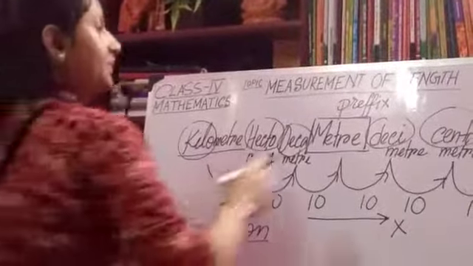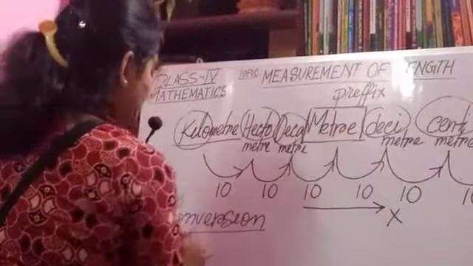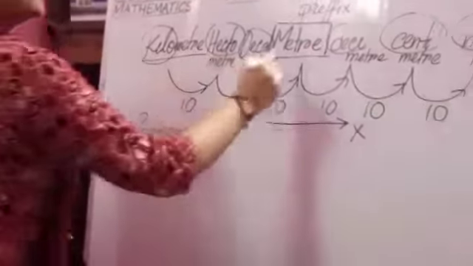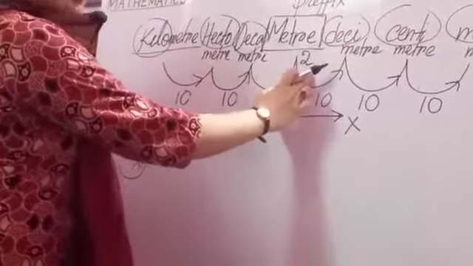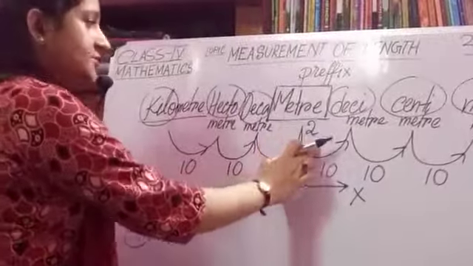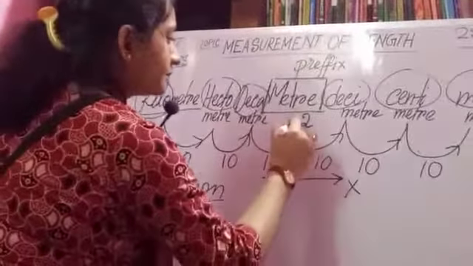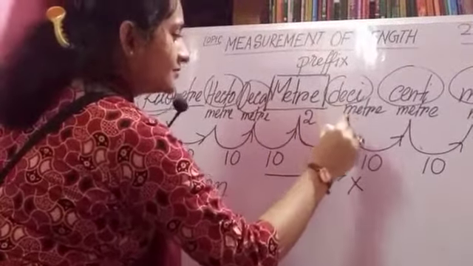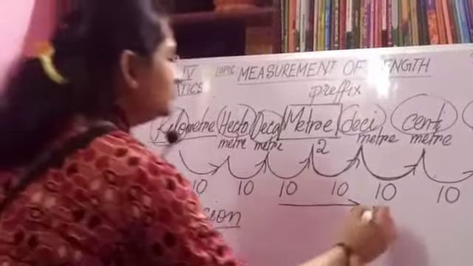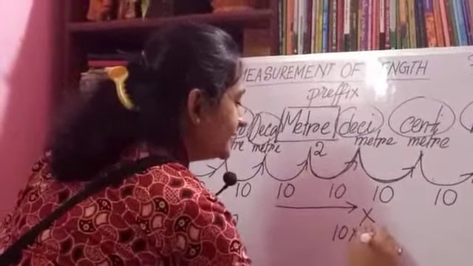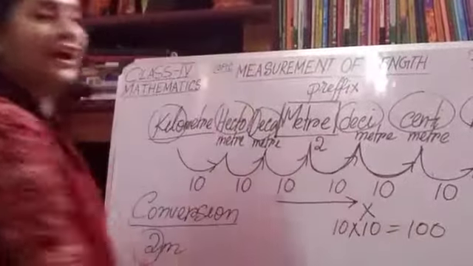Right, children? So, this 2 meter is sitting under meter. How many gaps will it have to pass? 1 gap, meter to deci, deci to centi. That means 2 gaps. So, 10 into 10, that is 100.